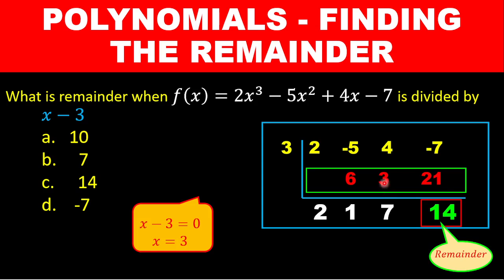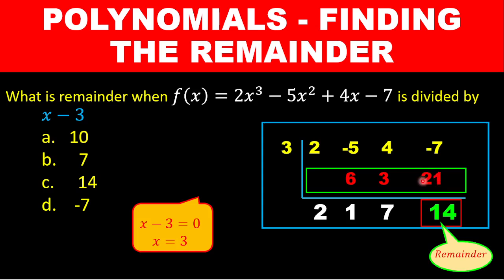And then once I have this, the next thing is to add them vertically. So 4 plus 3, then I have 7. Remember, this is down, so I am going to multiply the down number by the 3 here. So 3 will now multiply 7, that will give us 21. So 21 comes here.